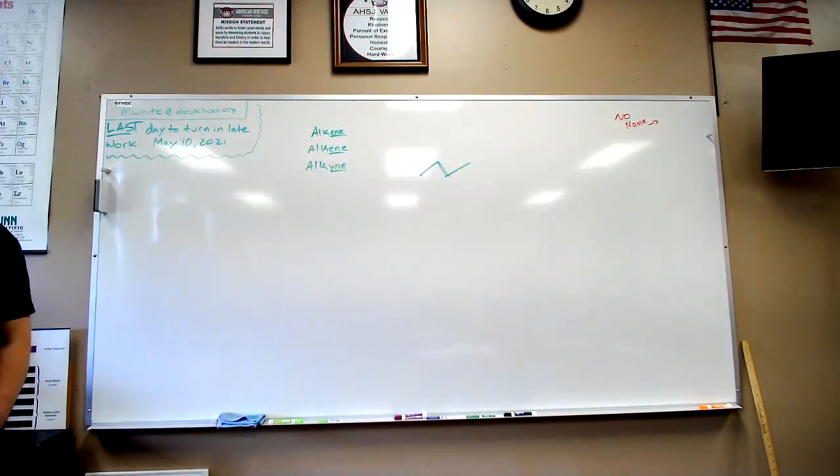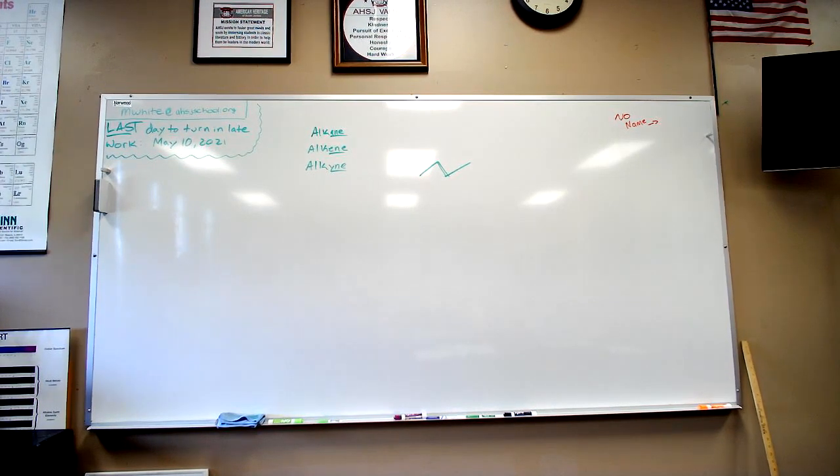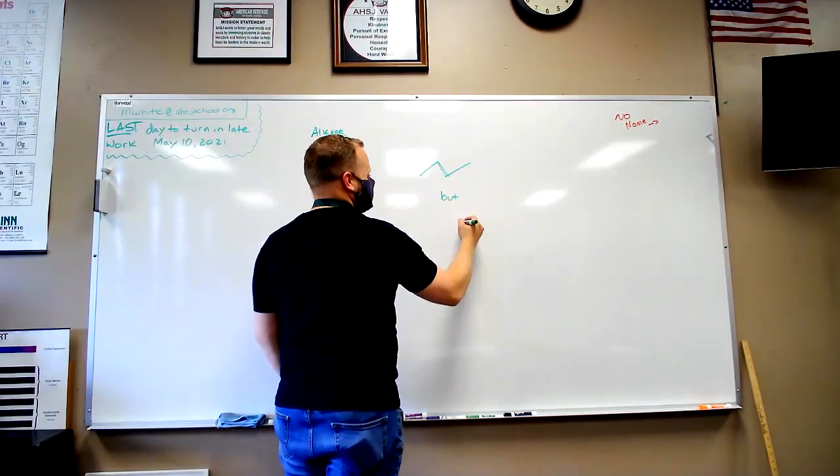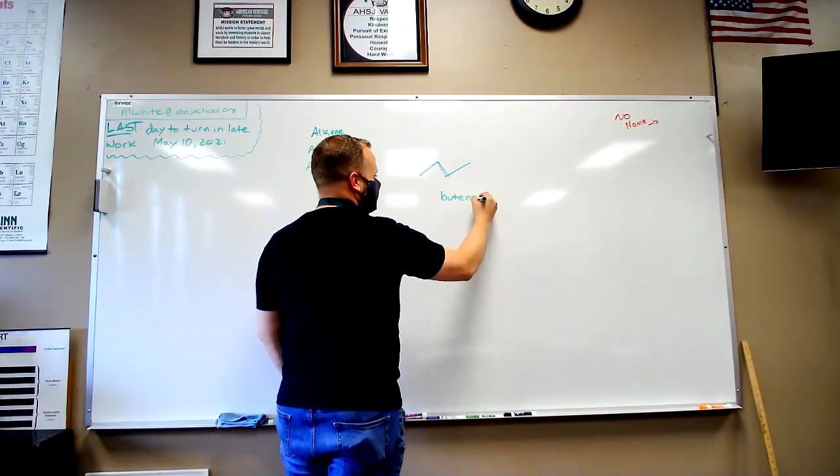How many carbons do we have? 4. Okay. So what is the prefix for 4 carbons? But. Okay. So we have butene.